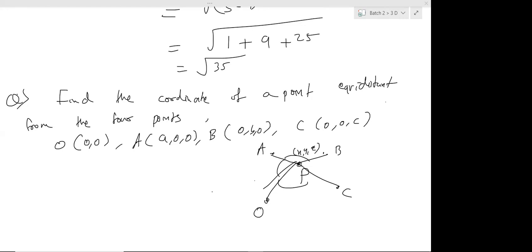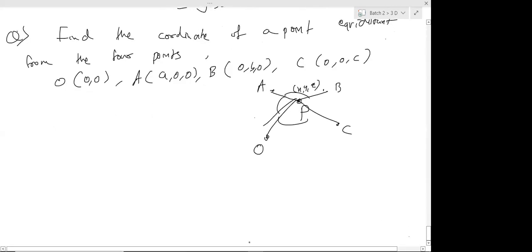Mazia, Rahman, solve this. Peer, what happened? Okay, see, you're doing all right.